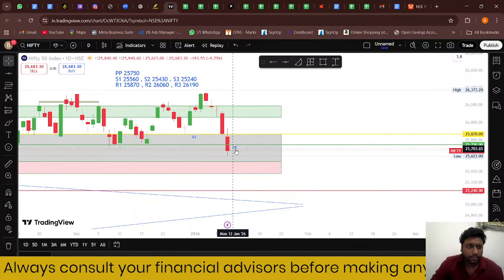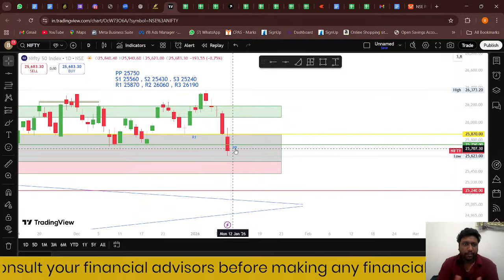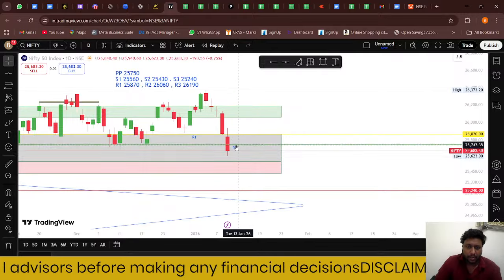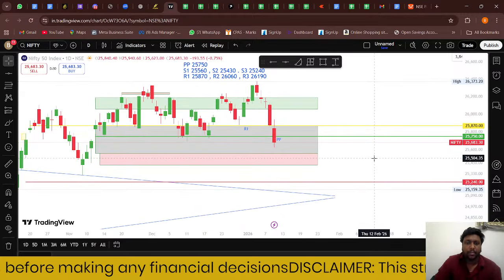So we will wait for the initial minutes, for the initial settlement to happen. Any retest at this particular point, then we can plan a trade on the bear side.